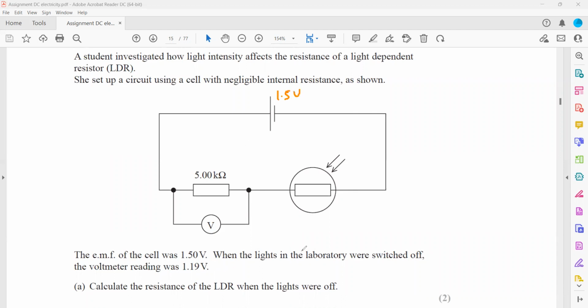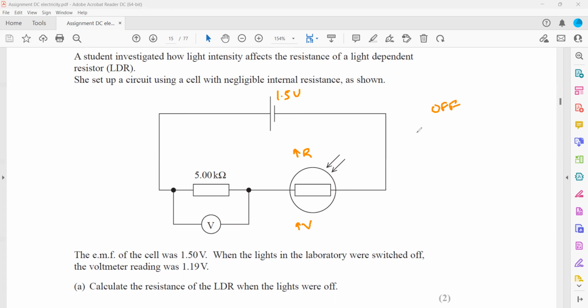When the light in the lab was switched off, when there is no light or a very small amount of light, like low light intensity, what happens to the resistance of the LDR? It will increase. If the resistance of the LDR increases, there will be more voltage across the LDR.